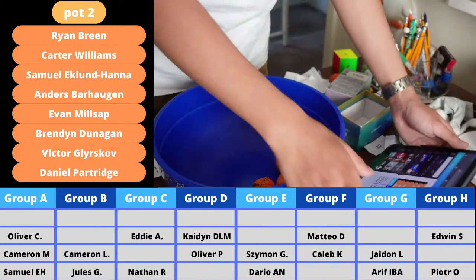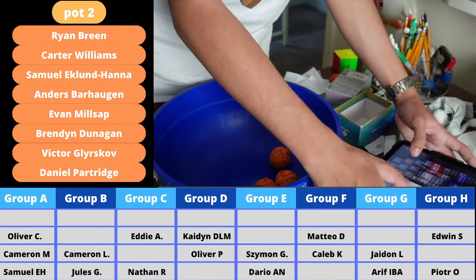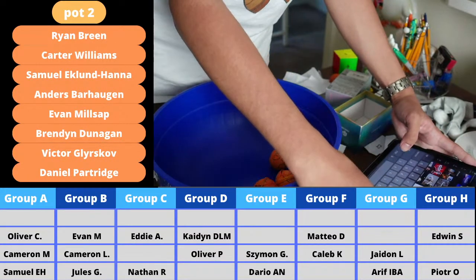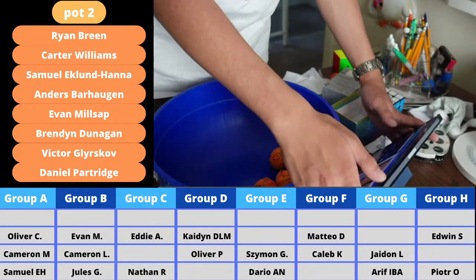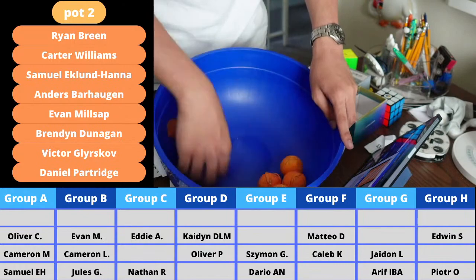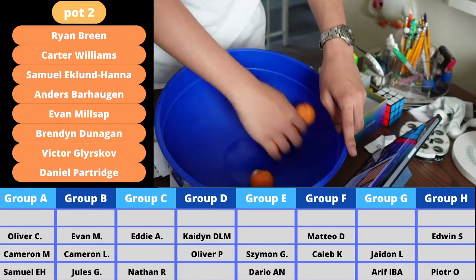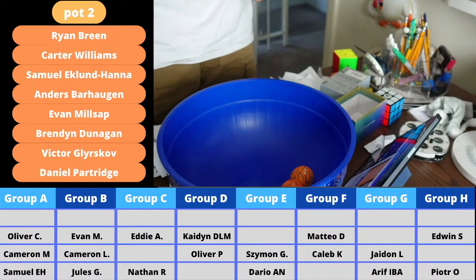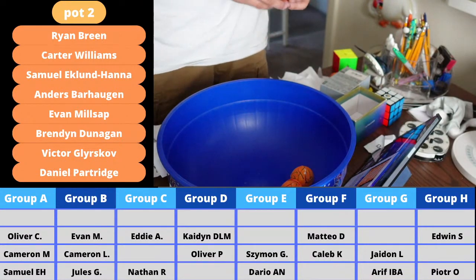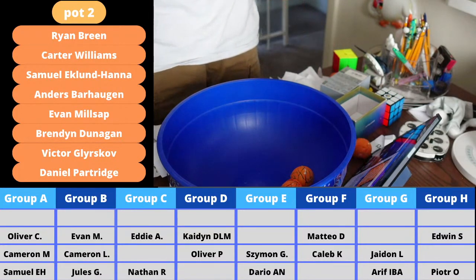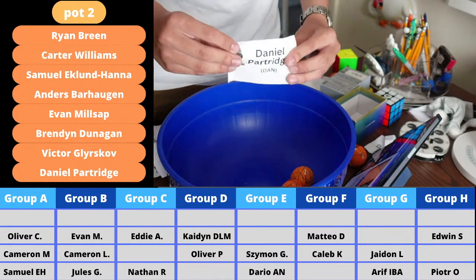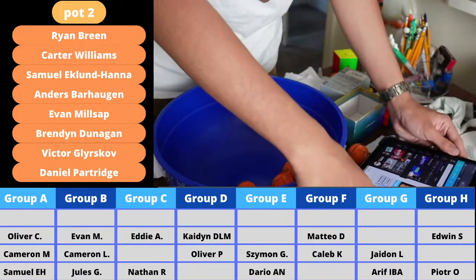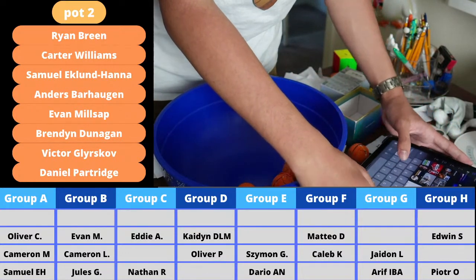Will be going into position B3. All right. Now let's move on. Group C will be none other than Daniel Partridge. He'll be going into position C3.